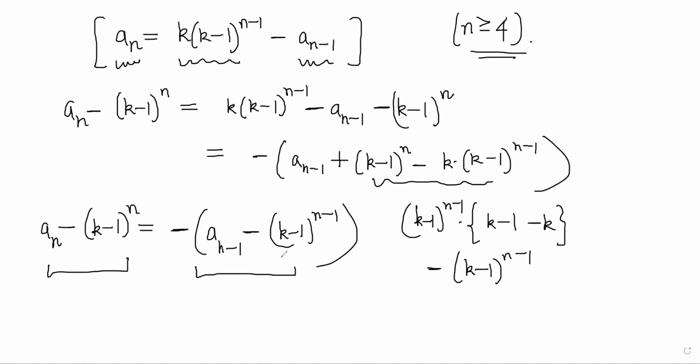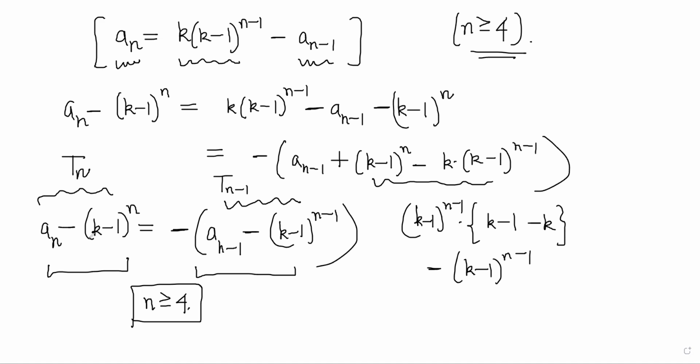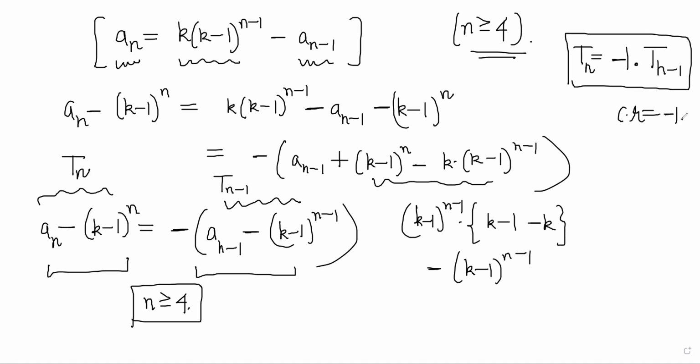So now this is a simple situation where n is greater than or equal to 4. So this series starts with n equal to 4. And this is a geometric sequence. If you think of this as your T_n, this is your T_{n-1}, right? And we have the simple sequence T_n is equal to minus 1 times T_{n-1}. This is the GP with common ratio equal to minus 1. And the first term starts with T_4.